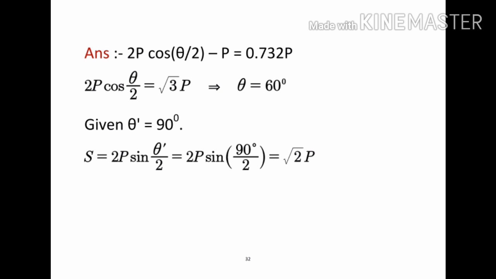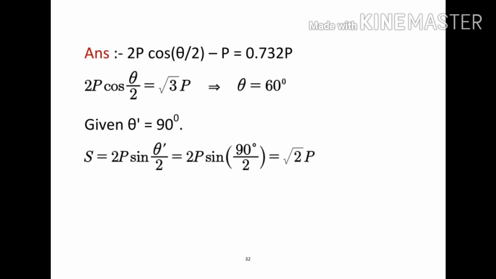And next one, the angle between them is increased by half. So here you can get angle is 60 degrees. Half of that angle is taken as 30 degrees. So the new angle between the two vectors is taken as 60 plus 30 degrees. Therefore the new angle theta dash is taken as 90 degrees.